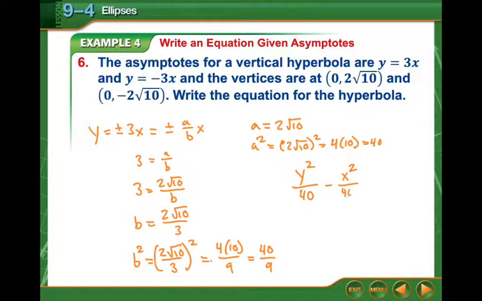So that's it. Kind of funky looking with the 40 over 9 on the bottom, but that's what it is.